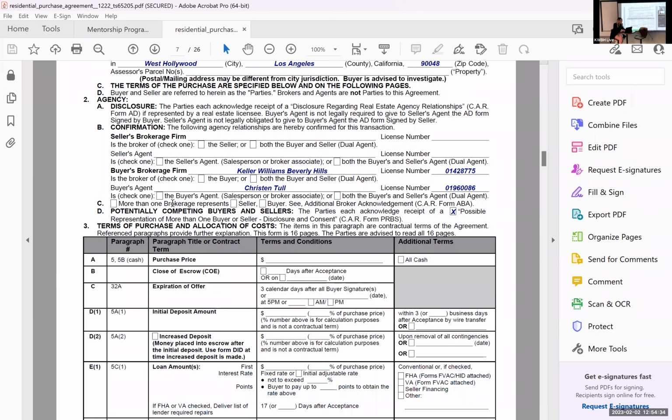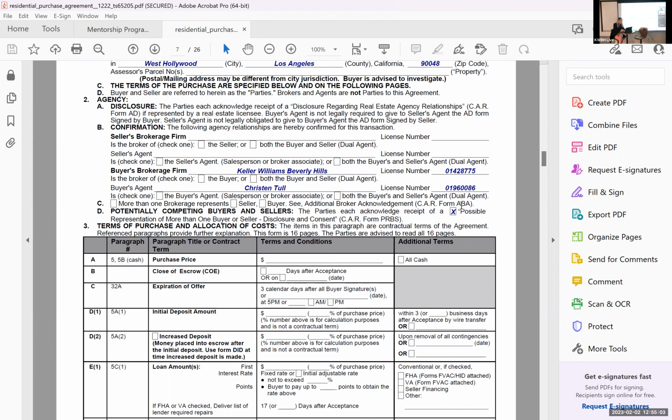Section 2C is for when more than one brokerage, not agent, more than one brokerage. So if you're writing an offer on a listing where there are two listing agents and there are different brokerages, you'll need to check this box. Or if you are providing co-representation for a buyer with an agent at a different brokerage, you would need to check this box and identify which it is, seller or buyer, that's represented by more than one brokerage, all right?